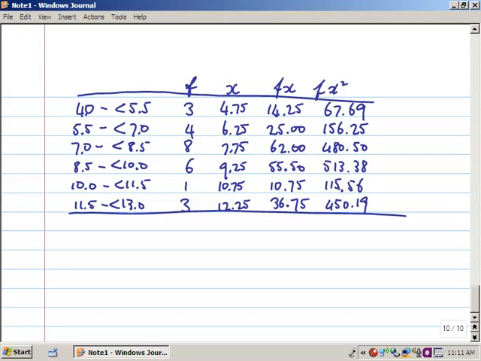Even though I've written these fx squareds in rounded format, I have the good numbers in front of me.